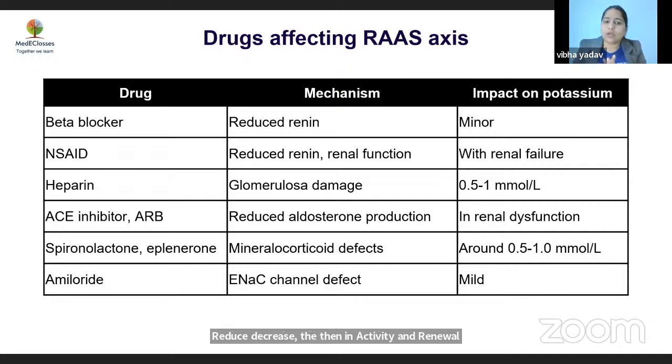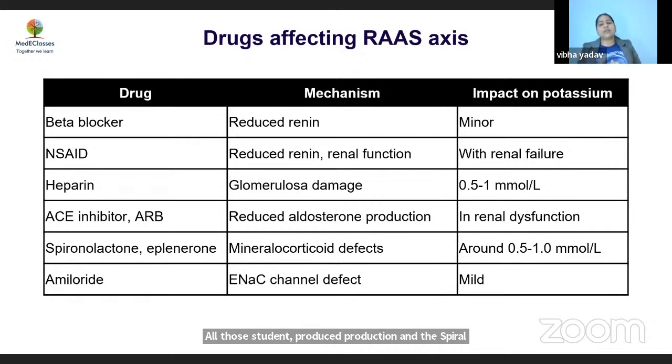What does heparin do? Heparin damages the aldosterone producing cells and increases the potassium by 0.5 to 1 millimole. ACE inhibitors and ARBs also reduce aldosterone production, and spironolactone and amiloride, as these drugs have previously been discussed.